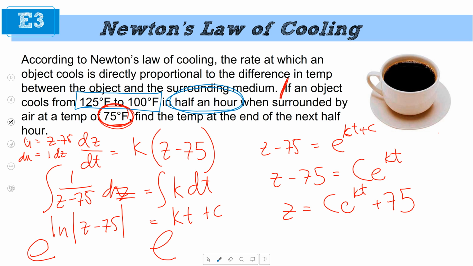If I choose to put 30 in for T, that's okay, as long as you realize that everything then has to be in minutes. What becomes a common mistake is the problem will say something like, it takes 2 hours for the temperature to change from 125 to 100, and what's the temperature after a half hour? So then all of a sudden you put 30 in for the half hour and it screws everything up. So make sure you stay in the same time unit throughout the whole problem.